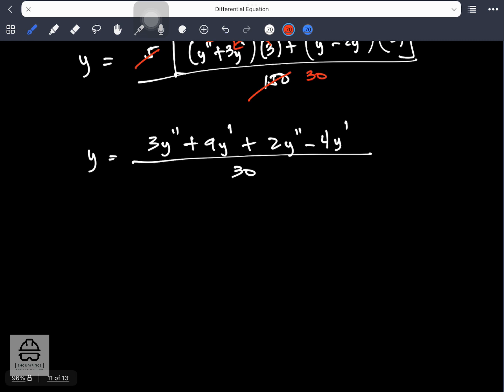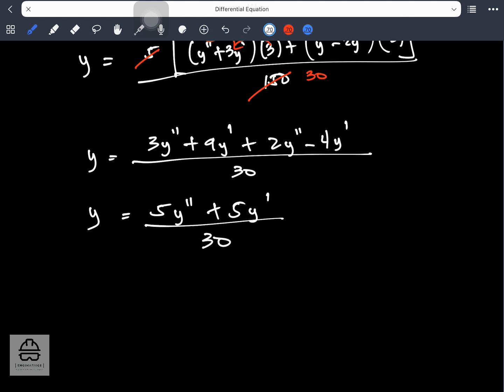Same terms, that would be this one and this one. That is y equals 5y prime plus 9y prime minus 4y prime, that's positive 5y prime, divided by 30.